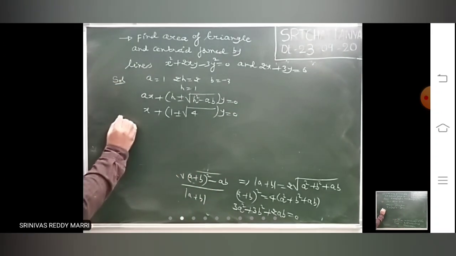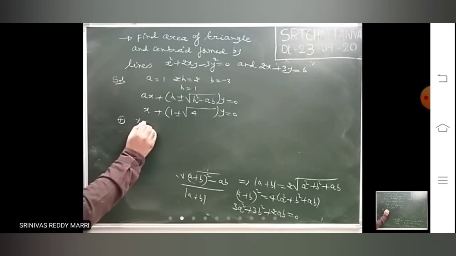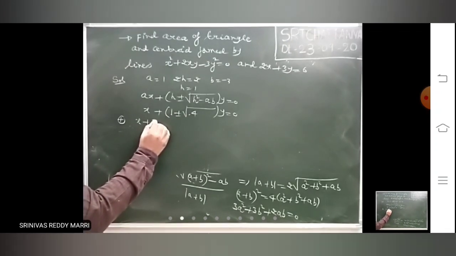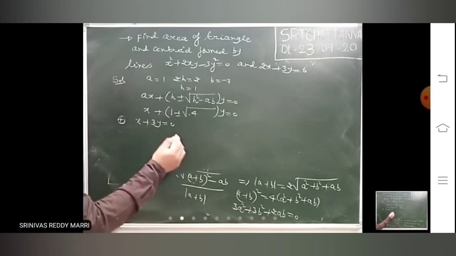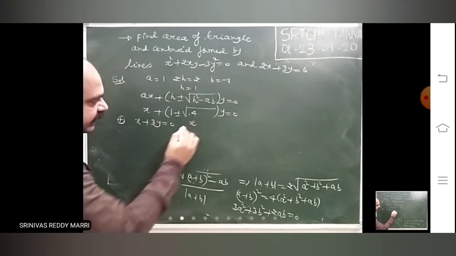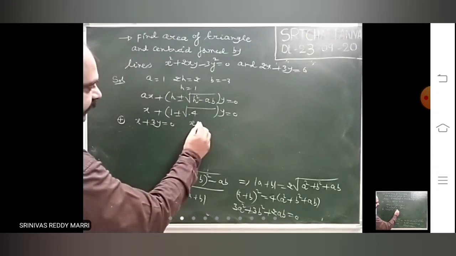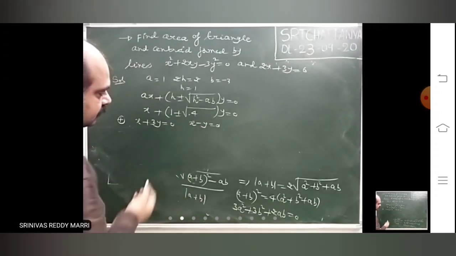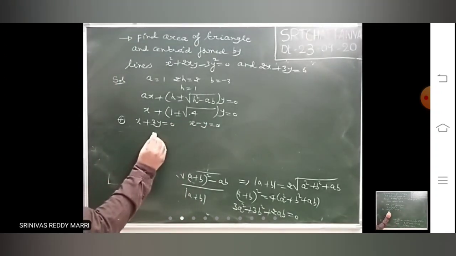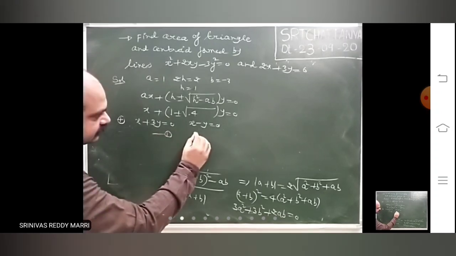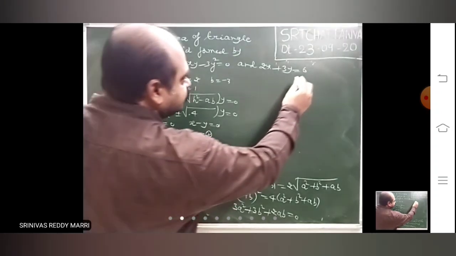That means if you take plus, you will get 3y equal to 0 is one line. If you take minus, this is 1 minus 2. Let us say this is the first line, this is the second line. Now three lines you know.